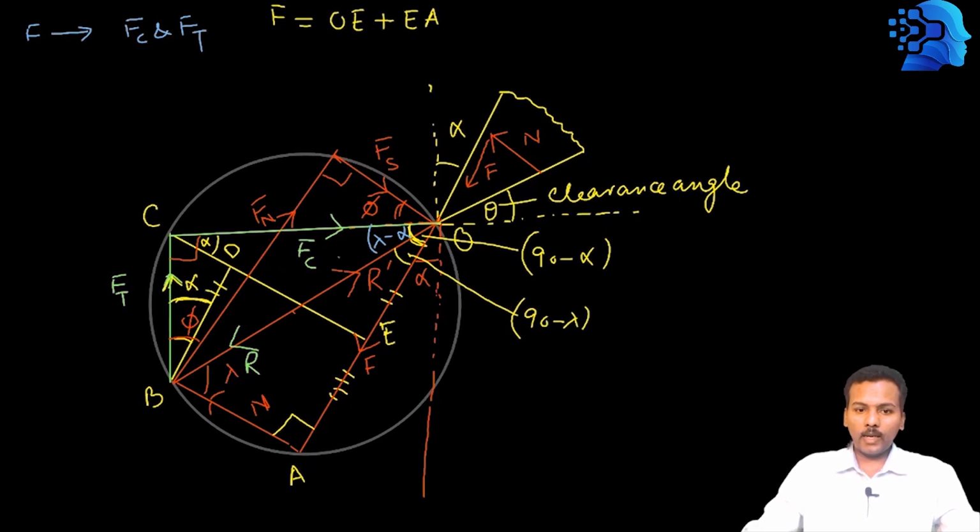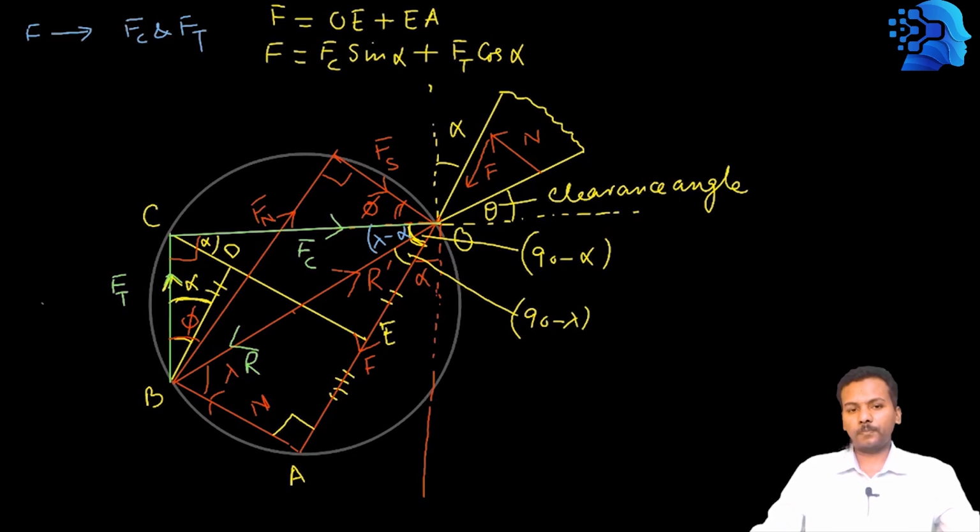OE equal to Fc, this is the angle alpha, so Fc sin alpha will be equal to OE. So here OE equal to Fc sin alpha plus EA equal to this DB, and this DB equal to Ft, this horizontal component of this Ft force, so Ft cos alpha.